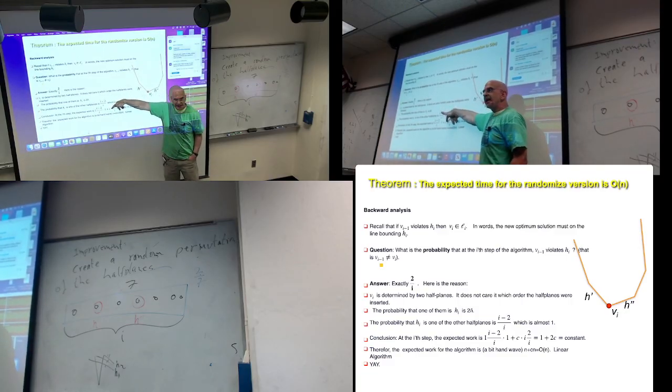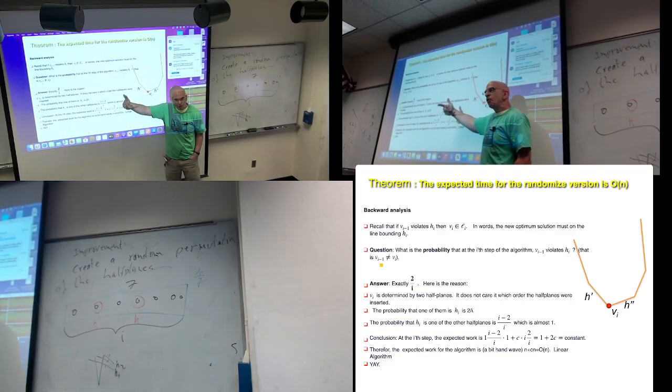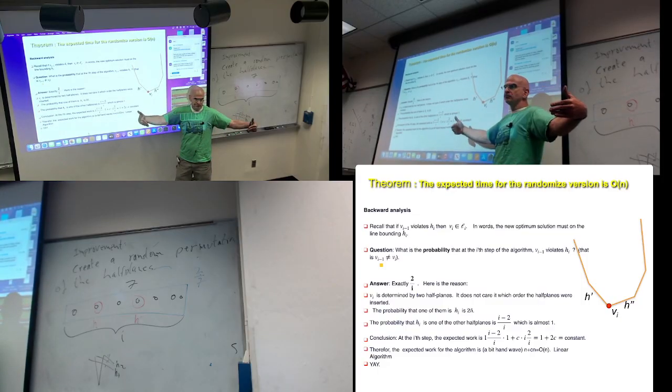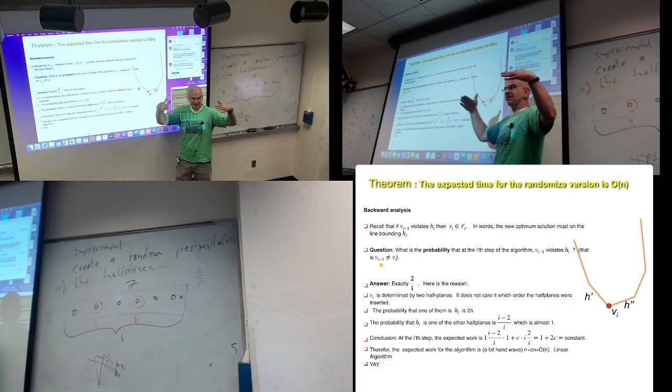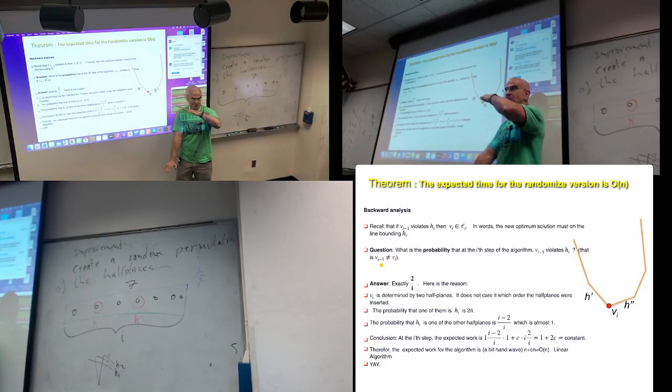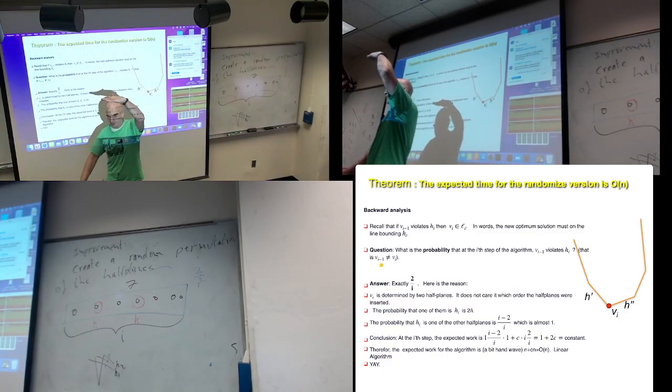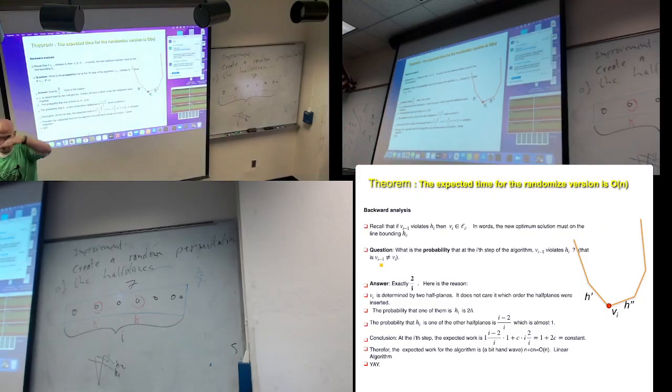The larger i is, if I need to call the 1D LP, the more work I need to spend, but the chance that it happens is getting smaller and smaller. As i increases, the work for 1D LP goes higher, but the chance that I need to do it is lower, so the product stays the same.